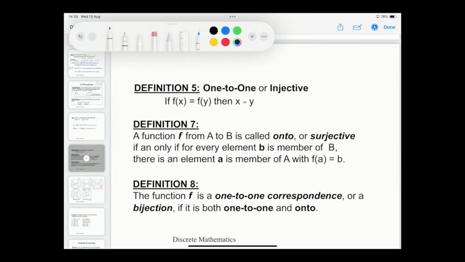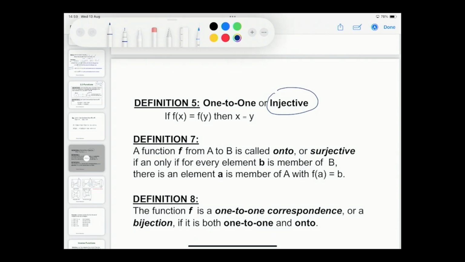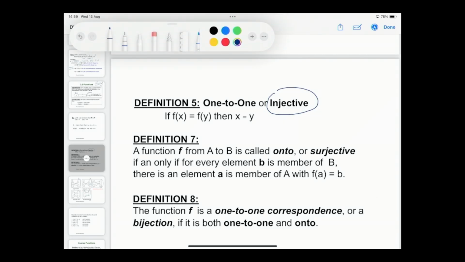These are the properties or the types of functions discussed here. In this definition, one-to-one is also called injective. Onto is surjective.